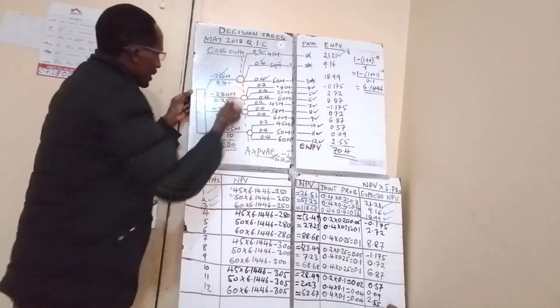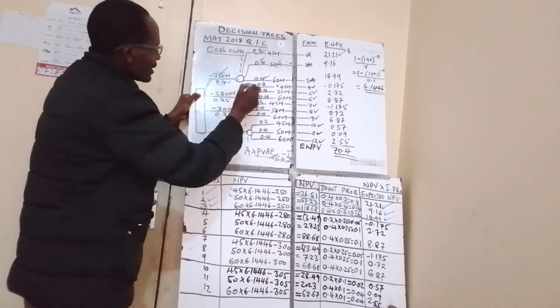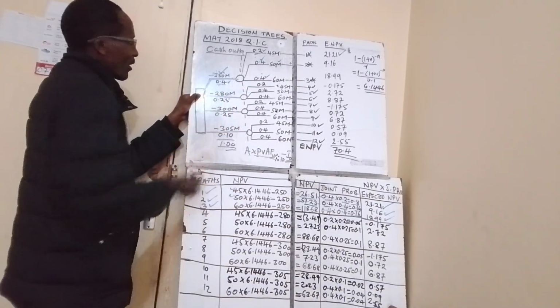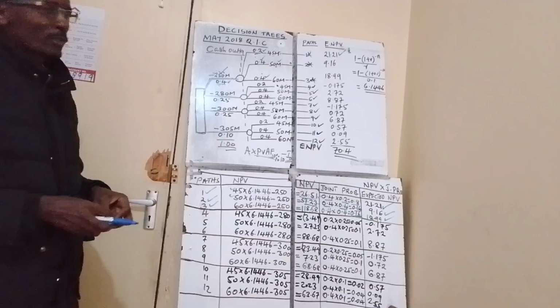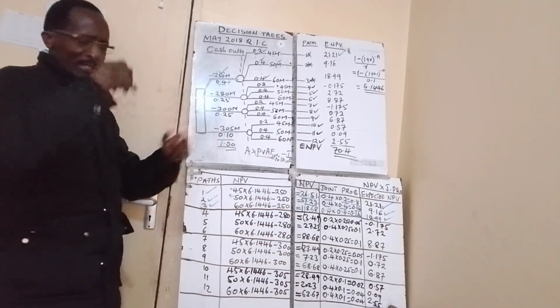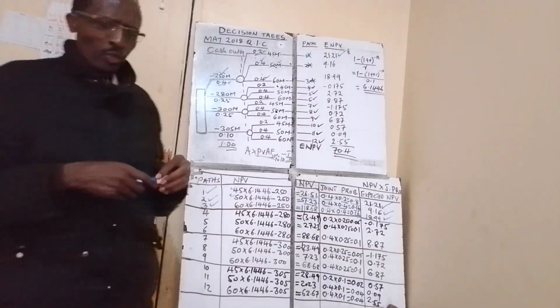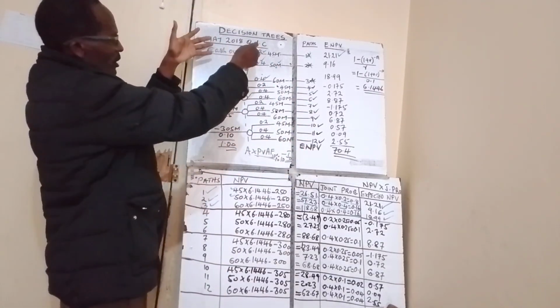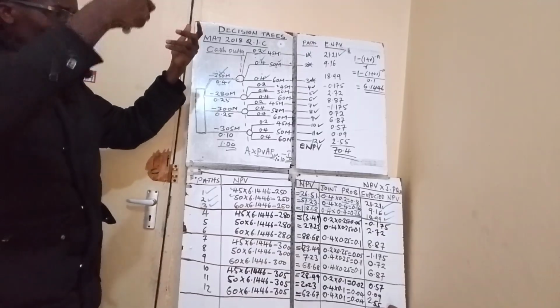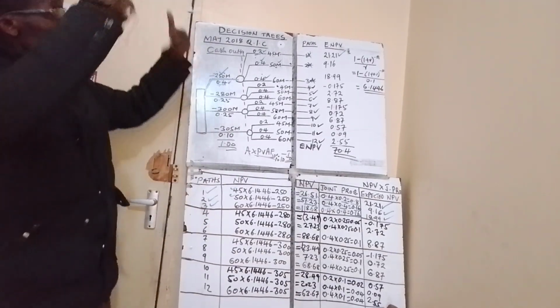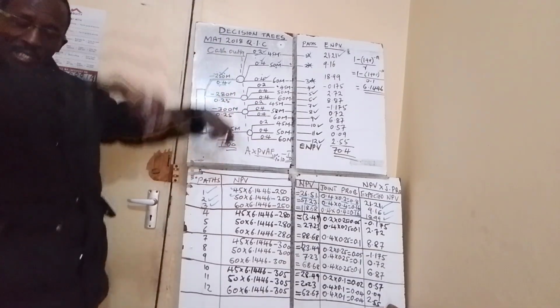We are coming to the second part now, the fourth part, which has initial capital outlay of 280. The expected cash inflows and their respective probabilities remain the same. It is a repetition of what you have done up there.